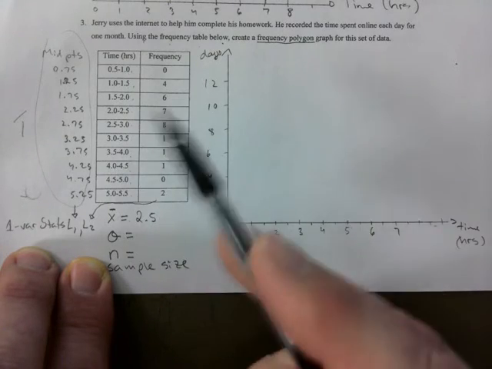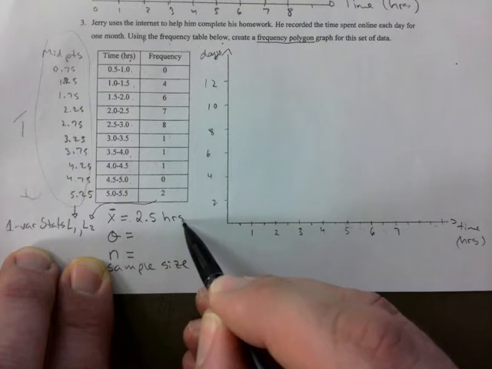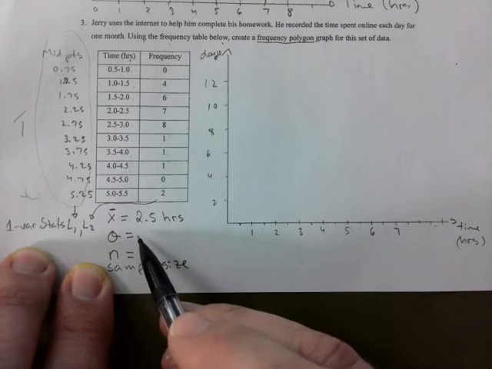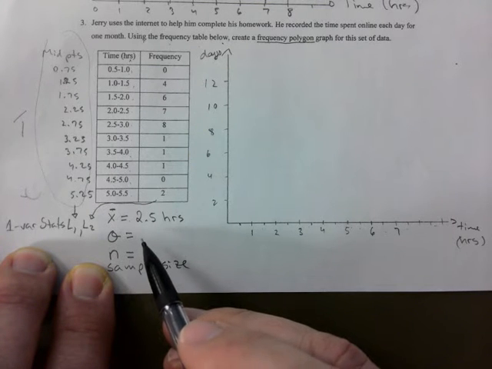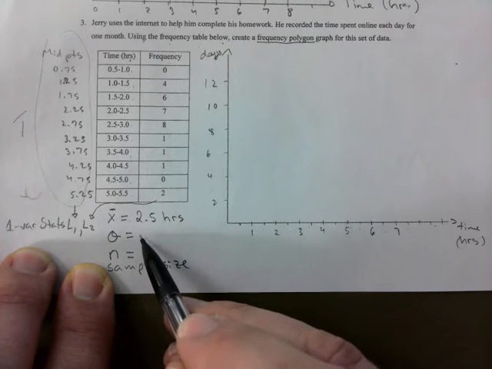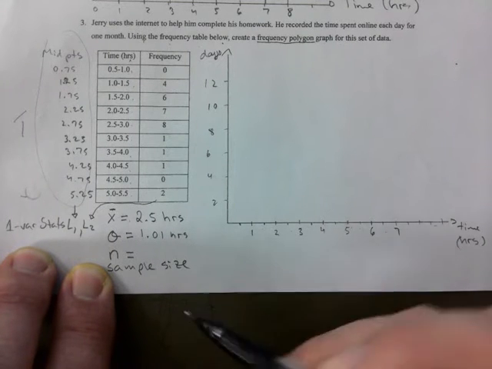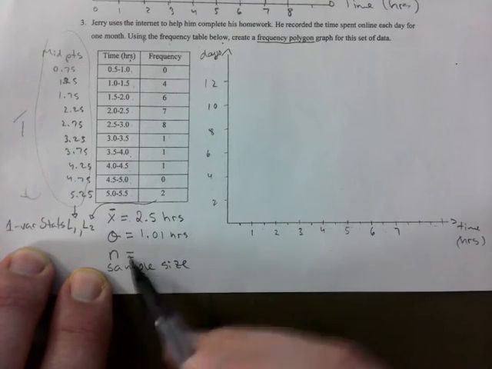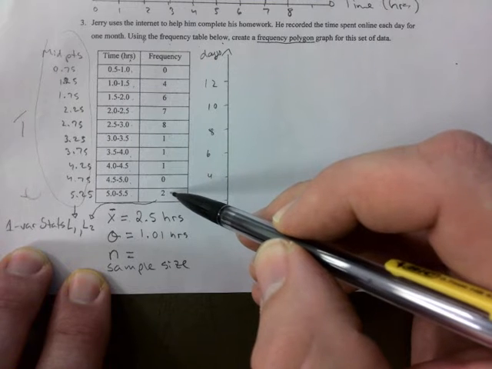And what are we talking about here? Hours, right? Okay. And my standard deviation? Jeremy, let's go with you. 1.01. I can always go back and correct it later. I will check. What is n if I add all these up? 30.